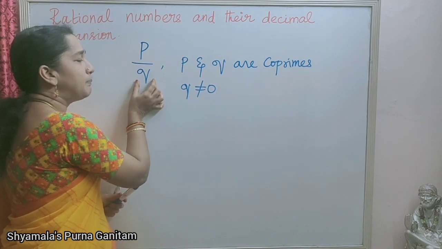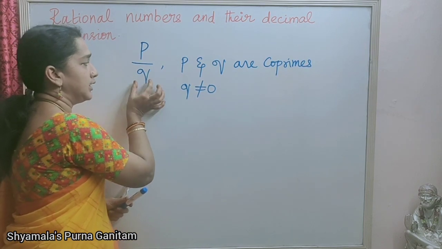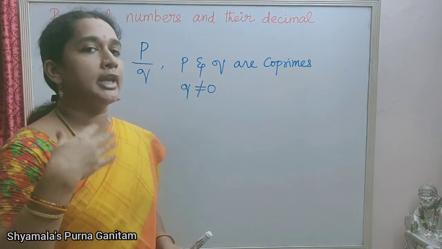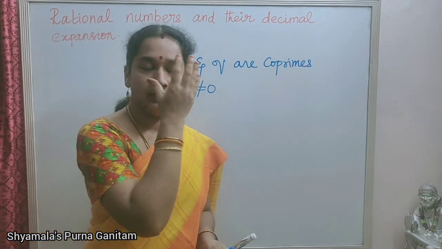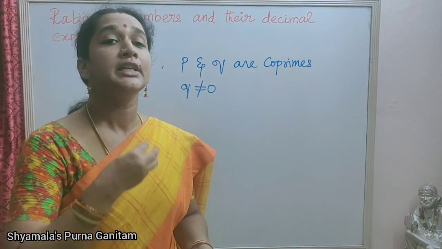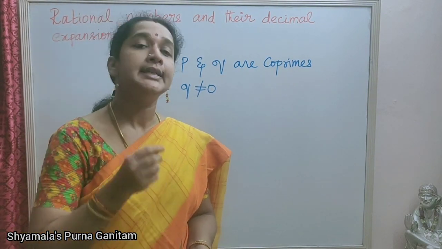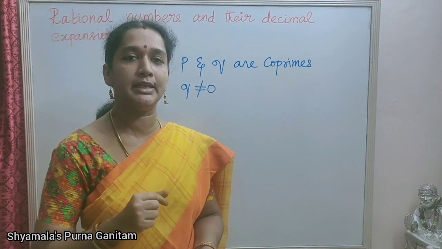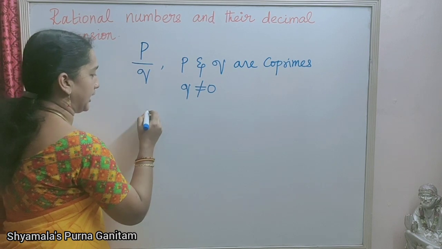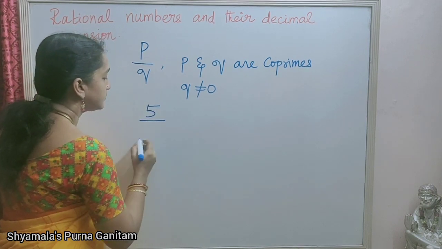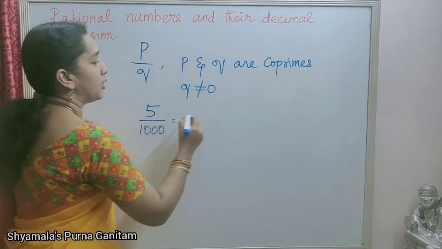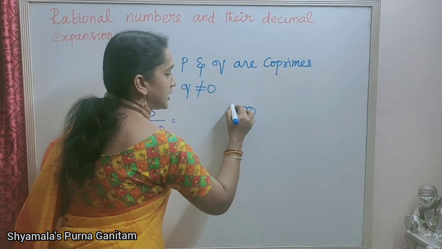Now, depending upon the denominator q, you can classify the given decimal expansion as terminating or non-terminating repeating. For example, if you take 5 by 1000, what are the factors of 1000?